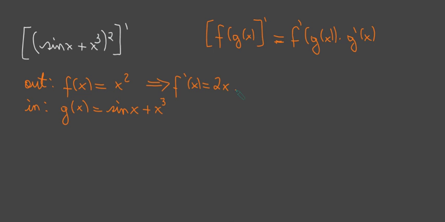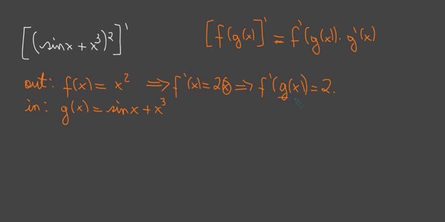So here we have the derivative of f computed in g will be, in this case g is this, so will be 2, just repeating here, 2 times x, but x when the argument is x.